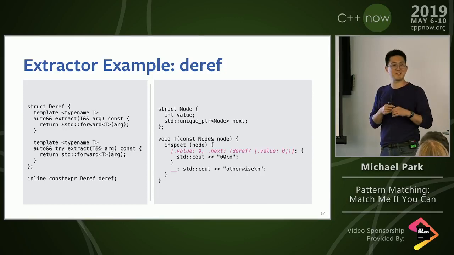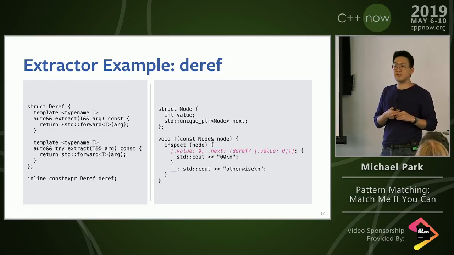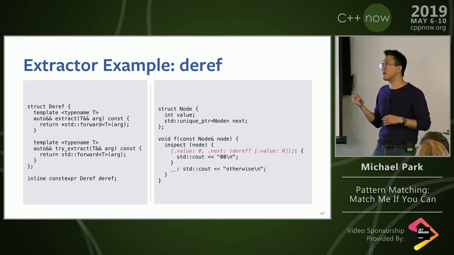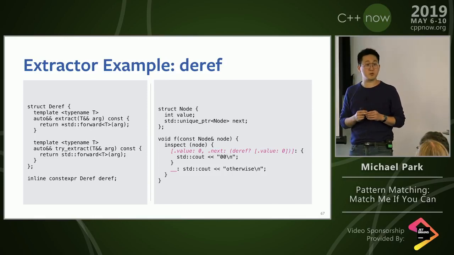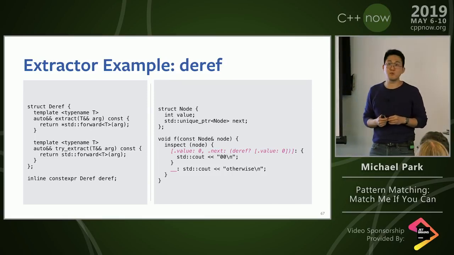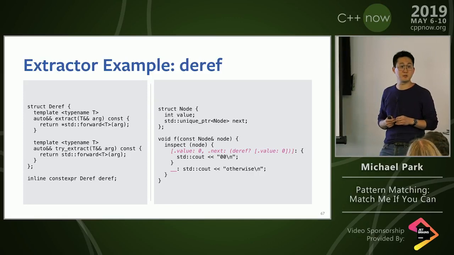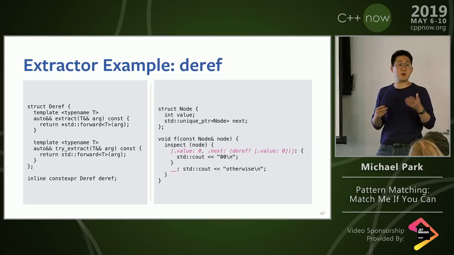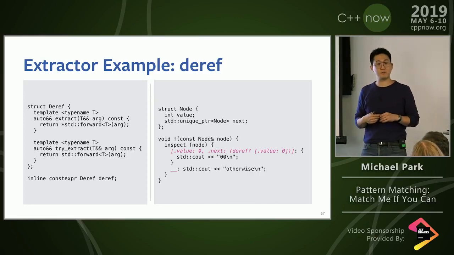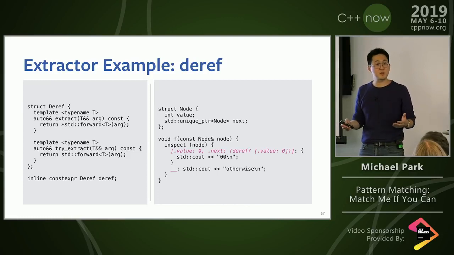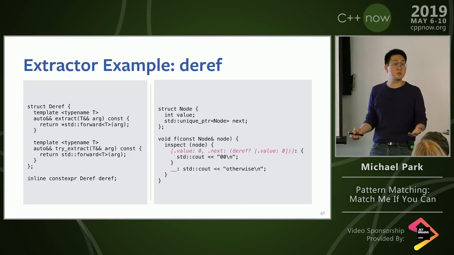Given that Deref can be written as a library, why add special syntax for it? The motivation there was that given how prevalent pointers are in C++, we wanted to have nice syntax for it, especially because pattern matching is going to be a useful case for inspecting trees. And most of the trees have pointers.